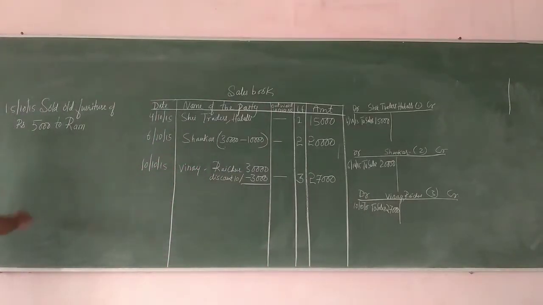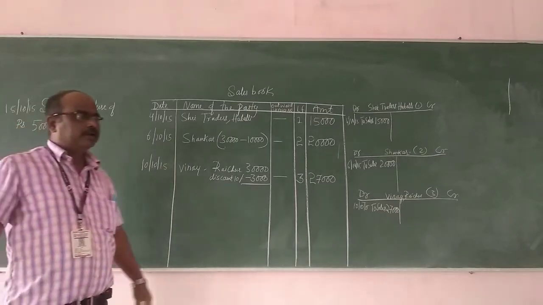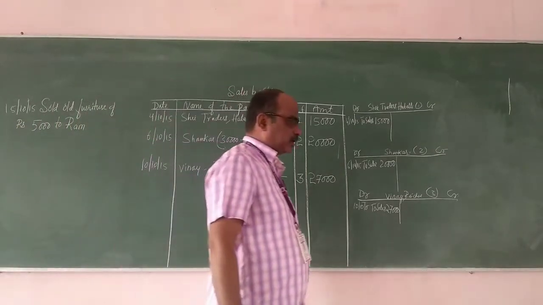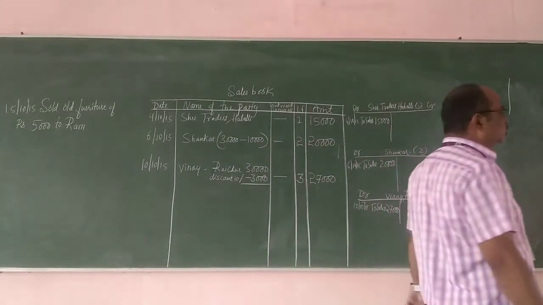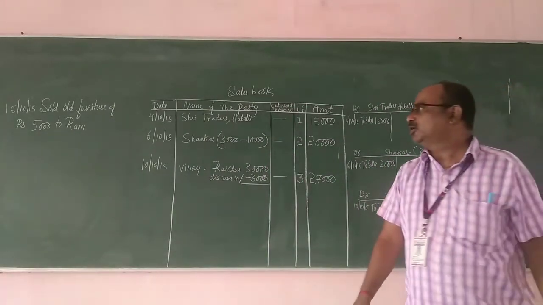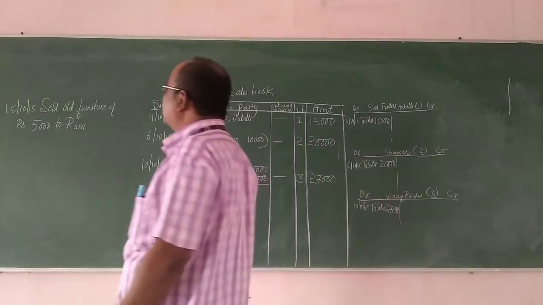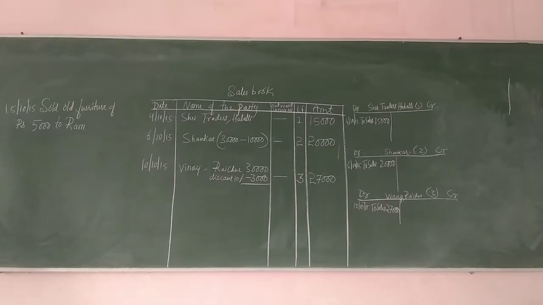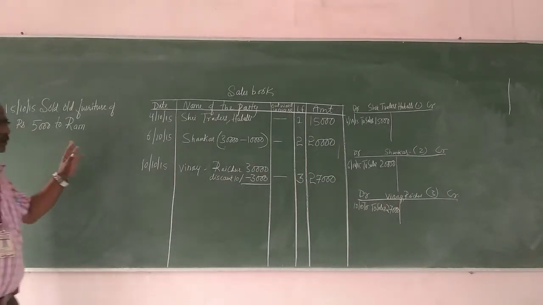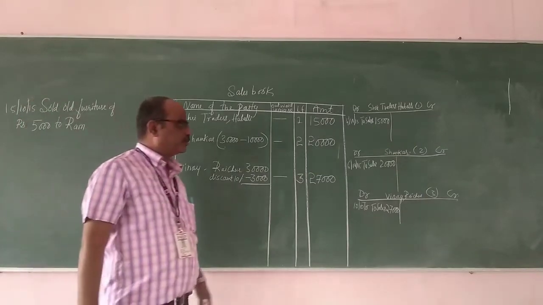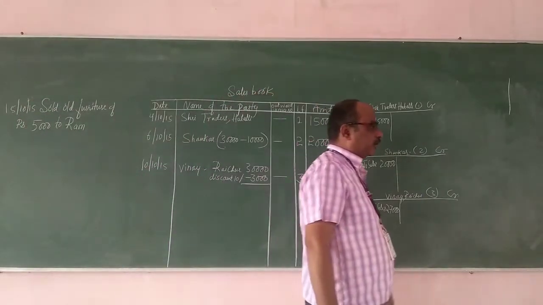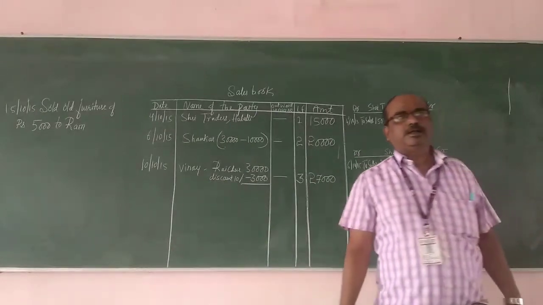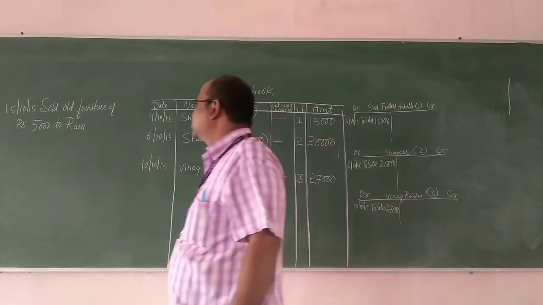This transaction cannot be recorded because in the two aspects, the first aspect, that is goods should be sold, is not fulfilled. So here you are selling old furniture which is an asset. So here, though it is a credit transaction, there is no sale of goods, there is sale of furniture. So you cannot record this transaction in the sales book.